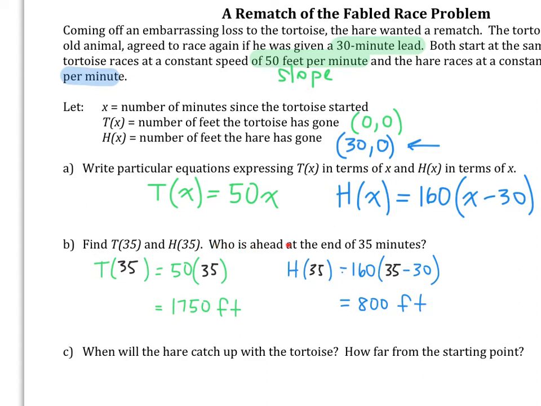Now we have to answer the question, who is ahead at the end of 35 minutes? Hopefully you recognize that the tortoise is winning. So we will answer the tortoise is ahead. Go tortoise.